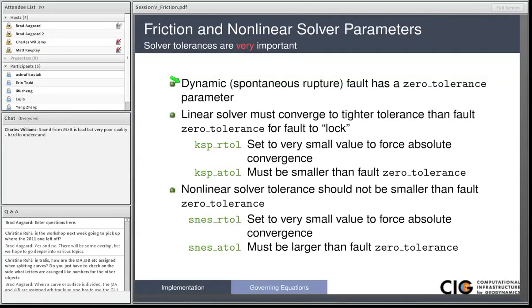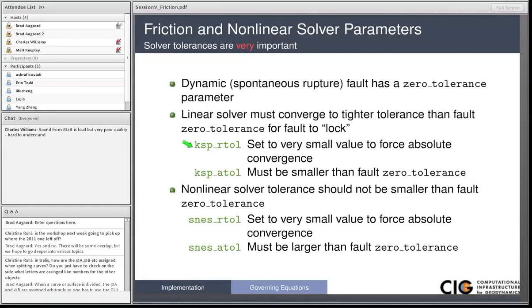To enforce that, note that our zero tolerance for the fault is essentially an absolute tolerance in non-dimensional space. So we set the relative tolerance in the linear solver, that's KSP RTOL, to a very small value to force the absolute tolerance to be the convergence tolerance.